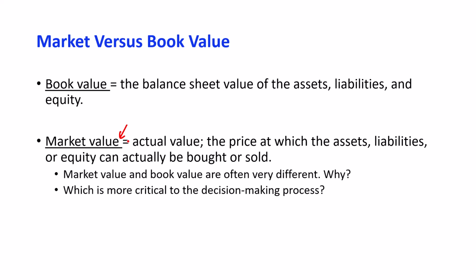This is less of an issue for current assets because current assets are renewed every year. But for long-term assets, for fixed assets, usually the book value and market value are significantly different.